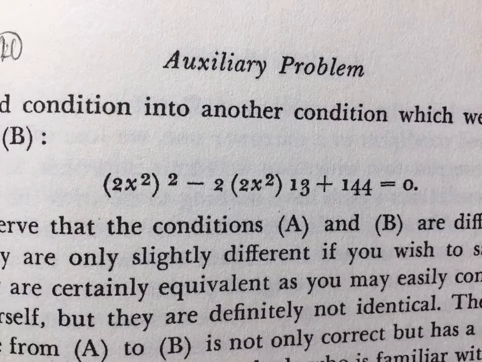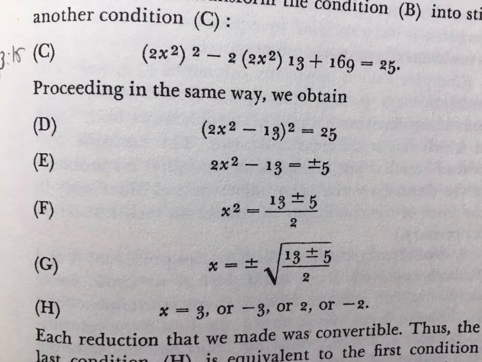Observe that the conditions A and B are different. They are only slightly different, if you wish to say so. They are certainly equivalent, as you may easily convince yourself, but they are definitely not identical. The passage from A to B is not only correct, but has a clear-cut purpose, obvious to anybody who is familiar with the solution of quadratic equations. Working further in the same direction, we transform the condition B into still another condition C.